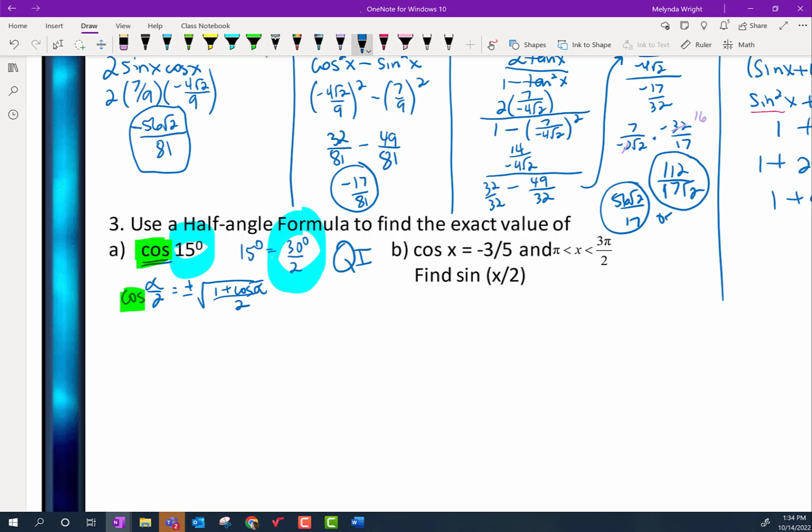So I'm going to use the plus, not the minus. So cosine of 30 degrees over 2 is going to be equal to the positive square root of 1 plus, now cosine of alpha. Alpha is this part up here. It's this part. That part's alpha. So this part is alpha. Okay, so it wants us to do cosine of that number.